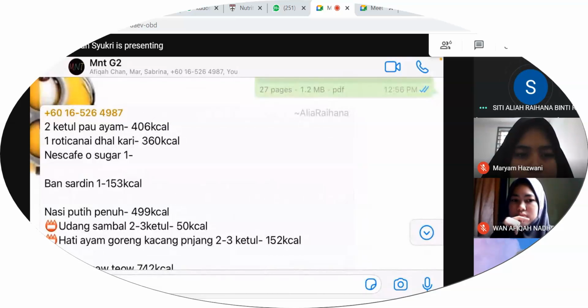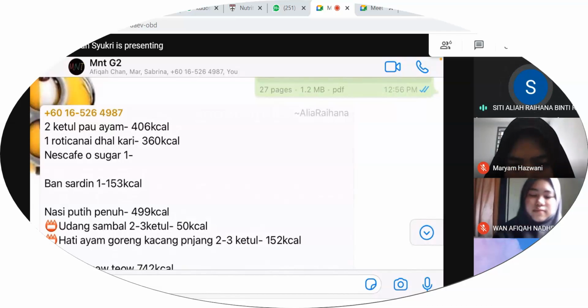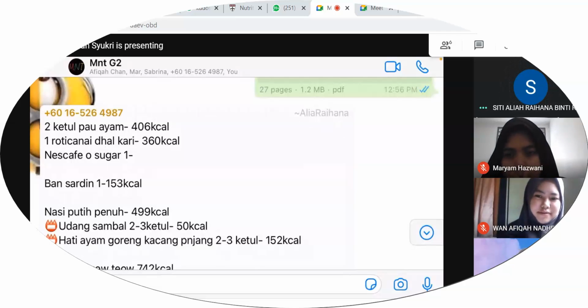Anything Alia you wanted to add on the assessment that your friend has been missing presenting? Okay, tak ada nak tambah apa-apa Alia?